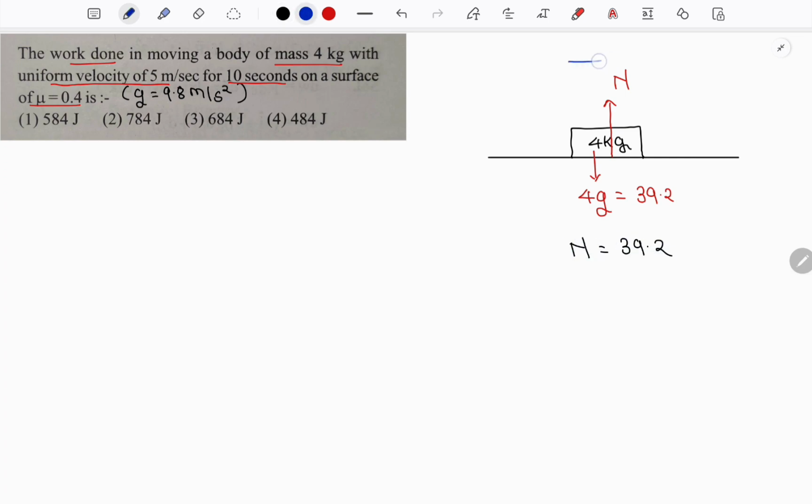Let's assume that the motion is towards right with a constant velocity of 5 meter per second.